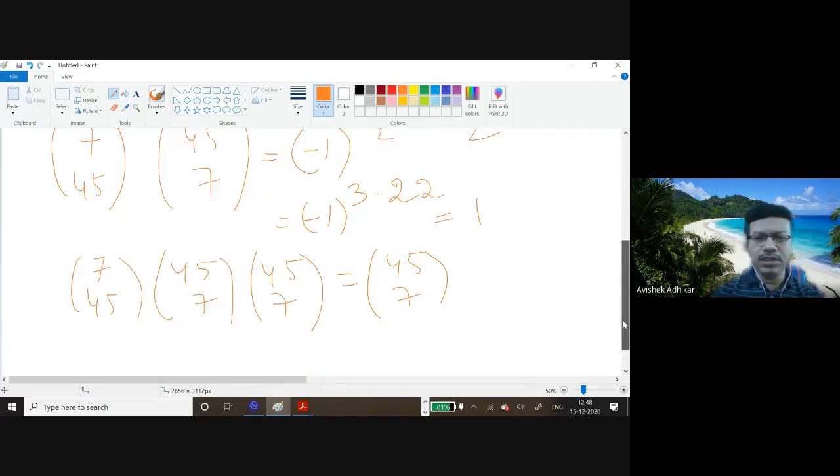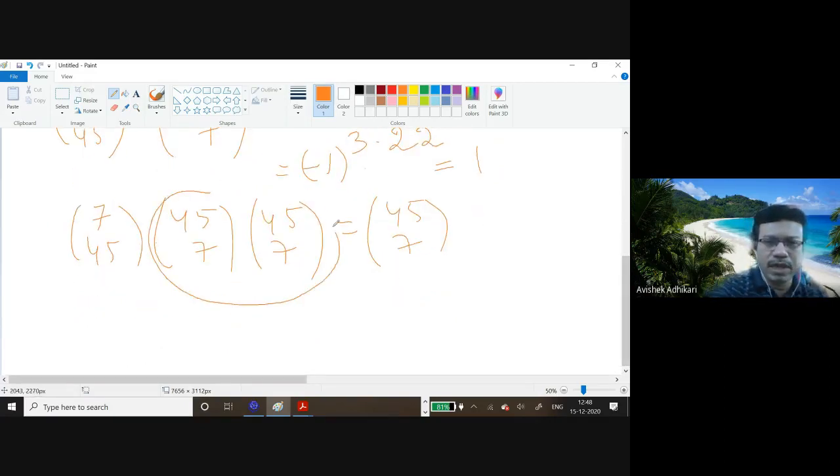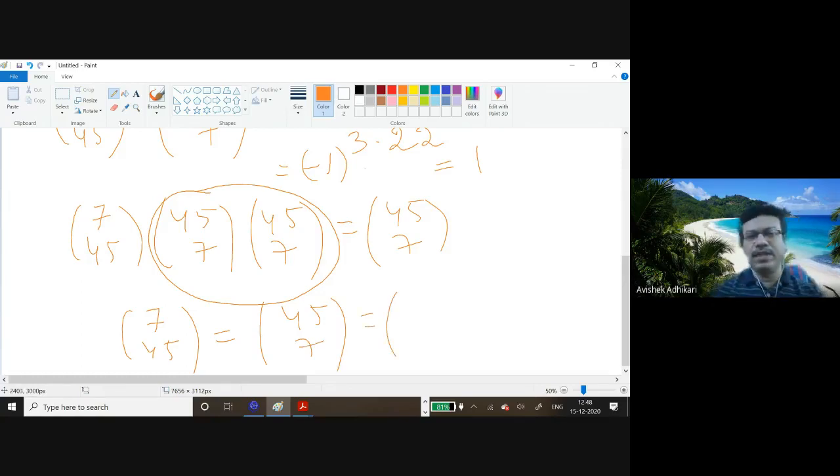Now this is basically a whole square. We know that this value is either plus 1 or minus 1, but since this is a whole square, this value will certainly be 1. So (7/45) is nothing but equal to (45/7), and this value is now very easy. 45 mod 7 is 3, this means (3/7).